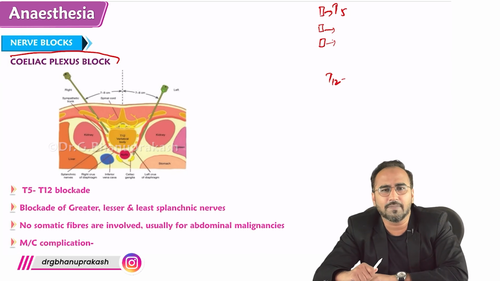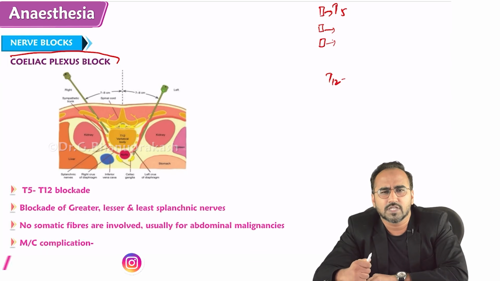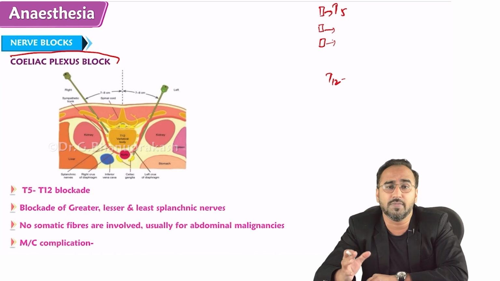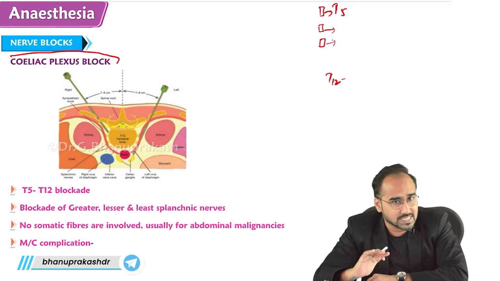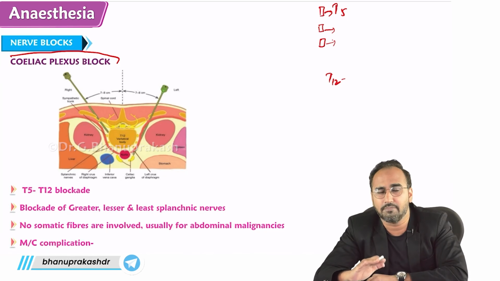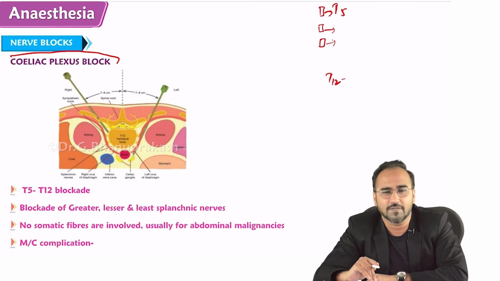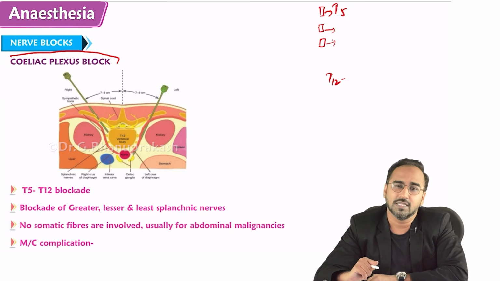No. Within no time, the patient becomes pale and within no time he will collapse. Why? Because you have damaged his large blood vessel. So this block comes with major complications: damage to the abdominal aorta or damage to the inferior vena cava could be seen with this Celiac Plexus block.